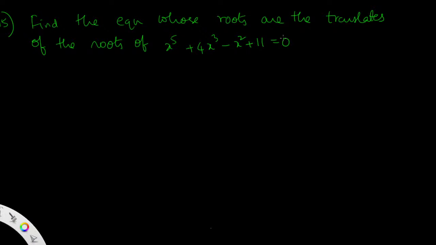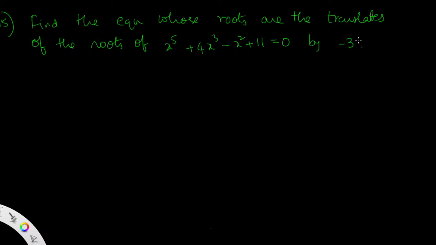So translate the equation. Find the equation whose roots are the roots of x to the power of 5 plus 4x cube minus x square plus 11 equal to 0, translated by minus 3. The number is given.